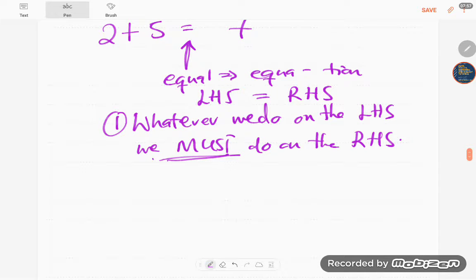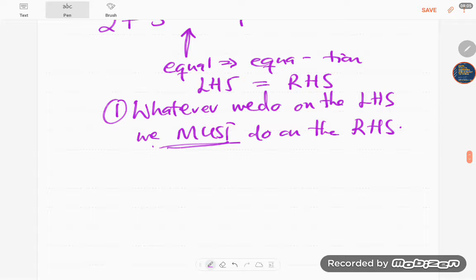And again, there's something I need to stress right quick before we get into the 2 plus 5 equals to 7. Whenever you have fractions again, so this is for equations, whenever you have fractions, let's say you have an A over B, okay, the rule of thumb is for you not to change the fraction.